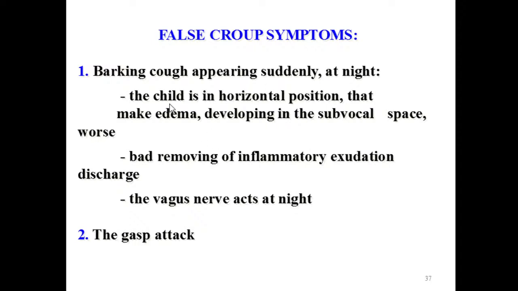False croup symptoms: a barking cough appearing suddenly at night, because the child is in a horizontal position, which makes the edema of the subvocal space develop, while removal of inflammatory exudate is reduced, and the vagus nerve acts at night.